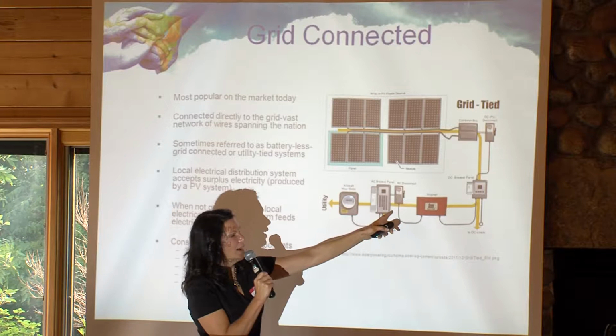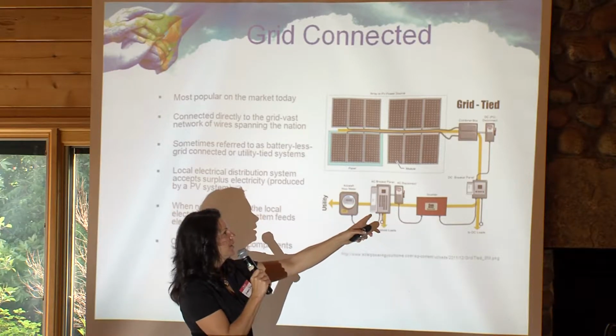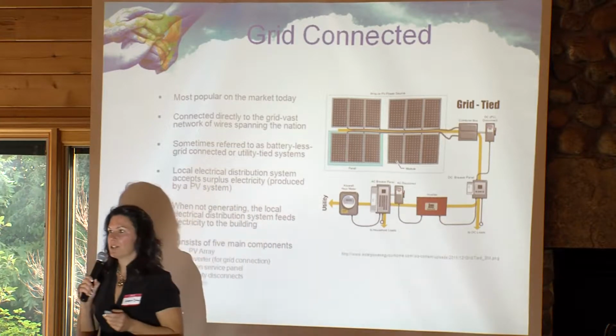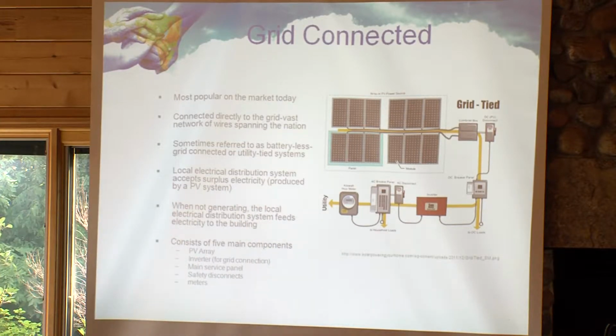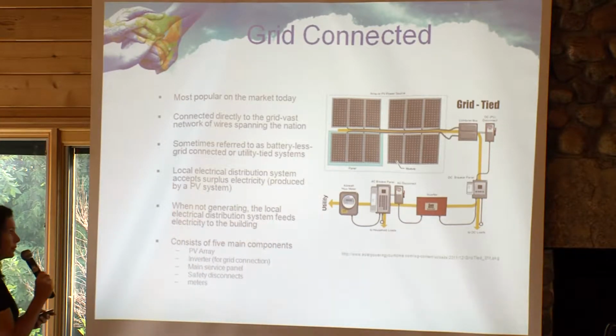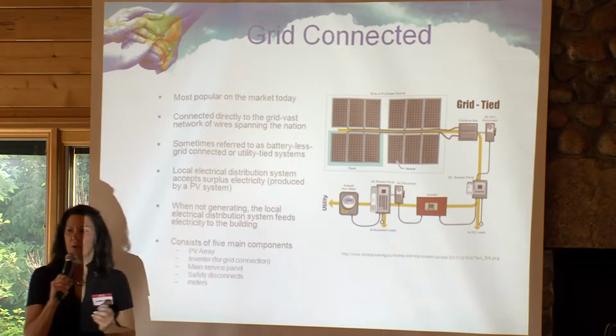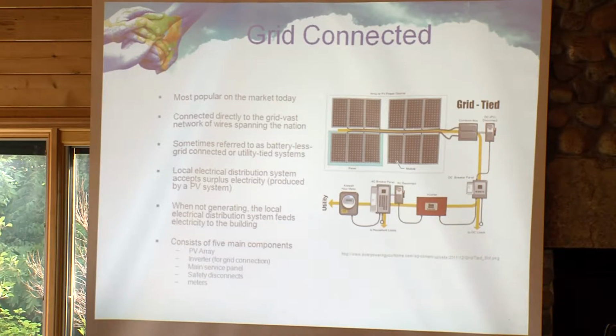And then you have the rest of your balance of systems, and your utility meter. So your utility meter is monitoring how much electricity you are generating, and then from there it goes across the grid.